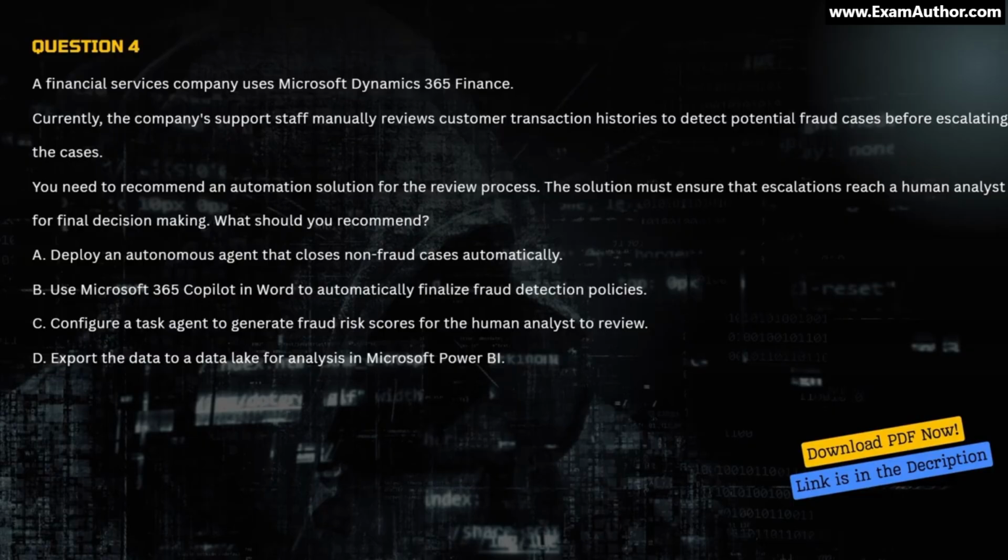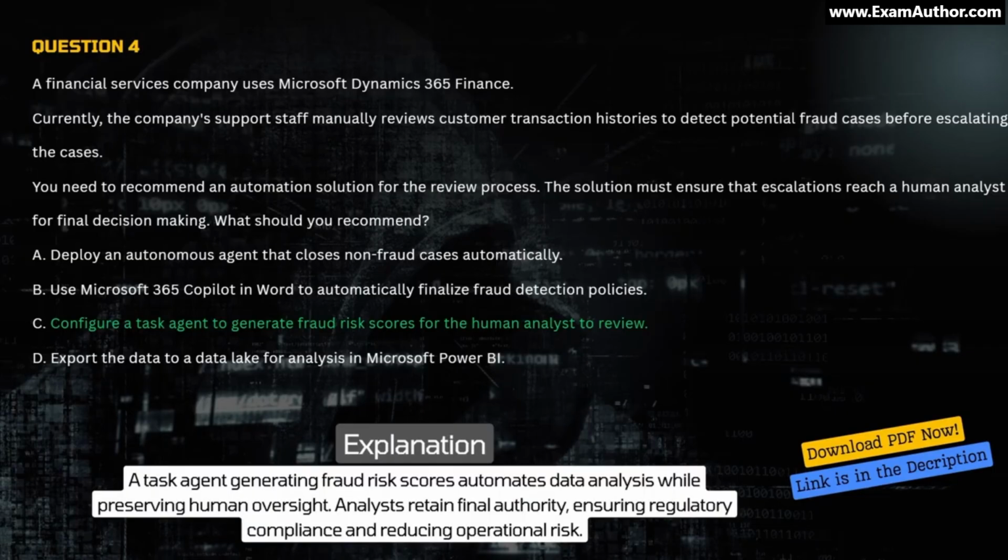Correct answer, C. Configure a task agent to generate fraud risk scores for the human analyst to review. Explanation: a task agent generating fraud risk scores automates data analysis while preserving human oversight. Analysts retain final authority, ensuring regulatory compliance and reducing operational risk.